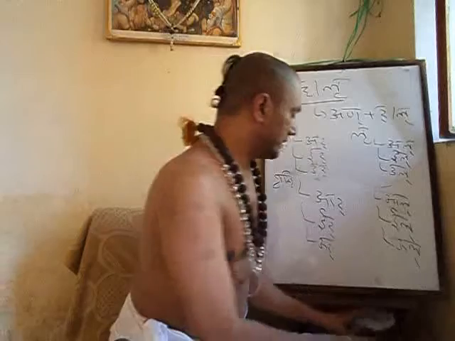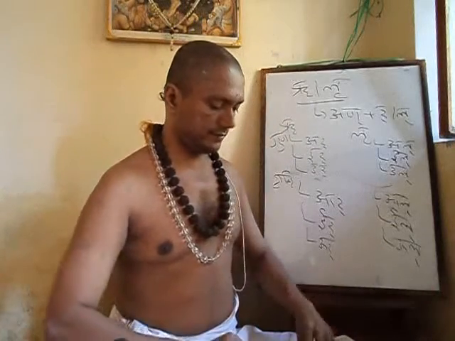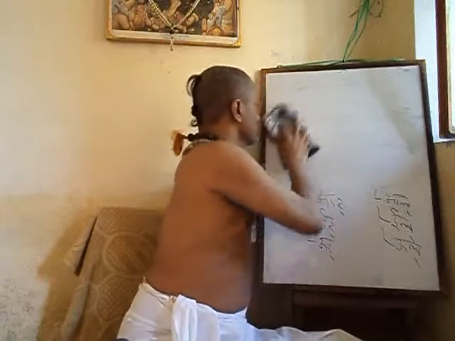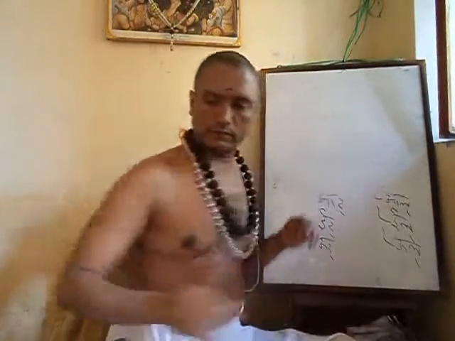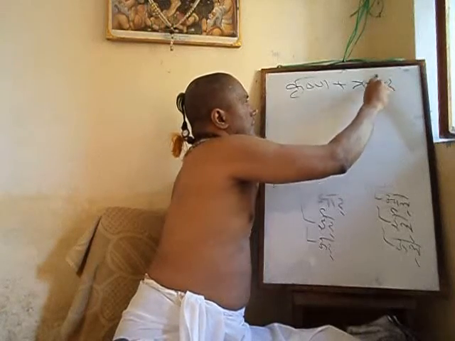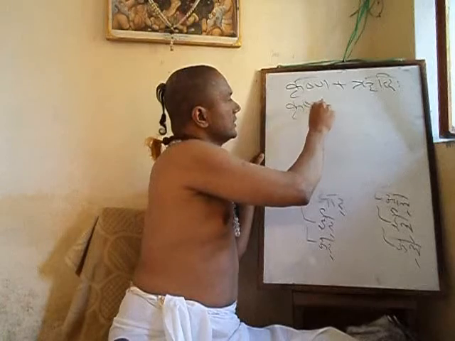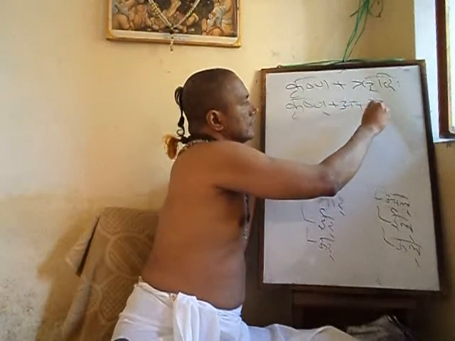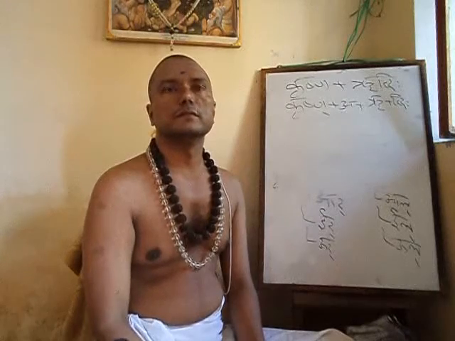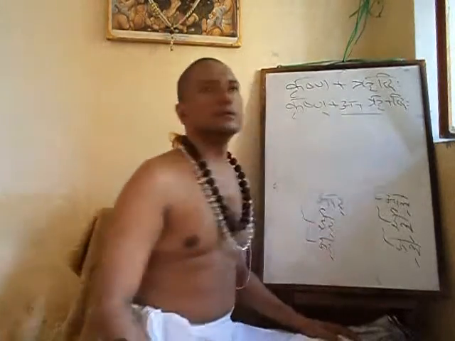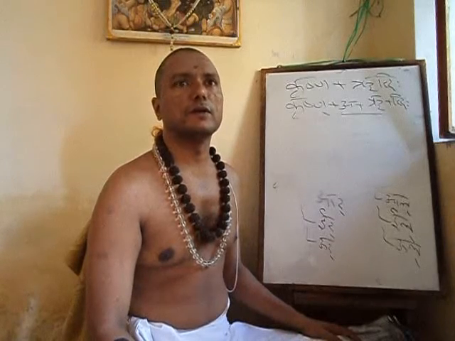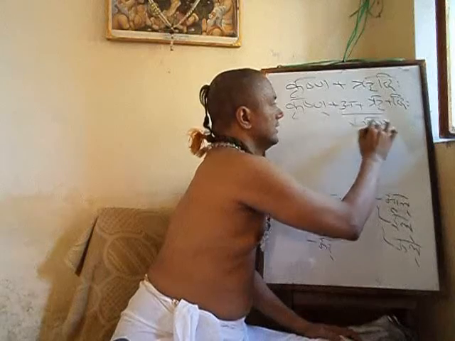Example is Krishna plus Ruddhi. I can break this as Krishna plus A plus R plus Dhi. Now A plus R is Guna, Ar.